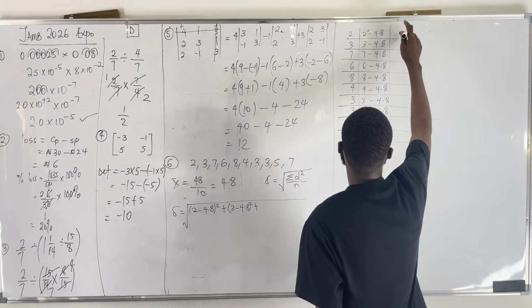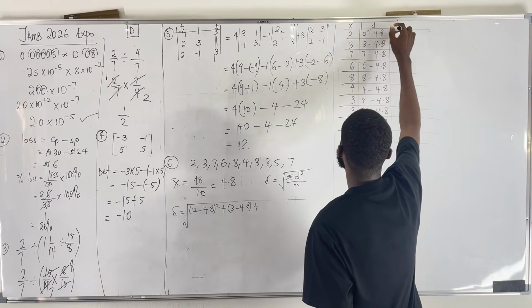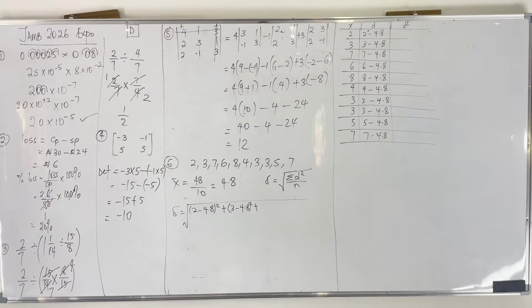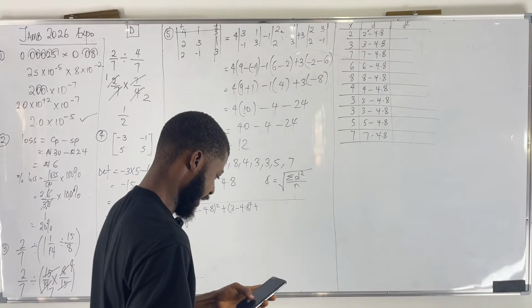So this is our deviation. Then this side, this is our x, this is our deviation, then this is our deviation squared. Hold on, I need a calculator to expand that.